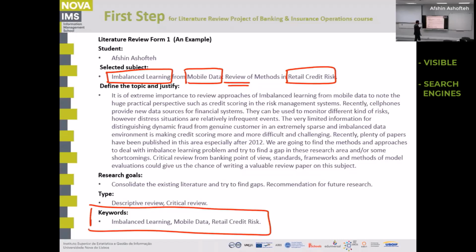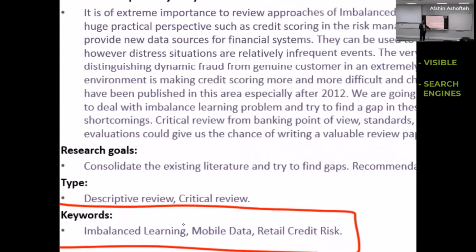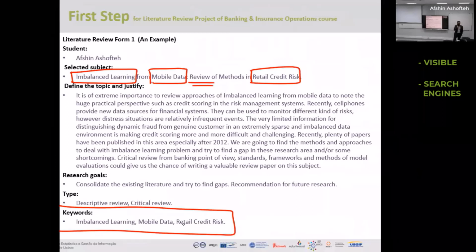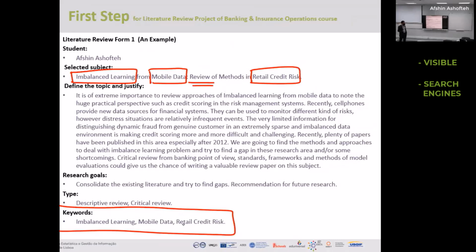So if somebody looks for, for example, imbalanced learning, they can find it, but maybe it says, for example, big data instead of mobile data. So I can put big data here as a keyword, and also mention mobile data in my title. So both of them would be in my paper, and if someone is looking for a review paper about big data, they can also find my paper.